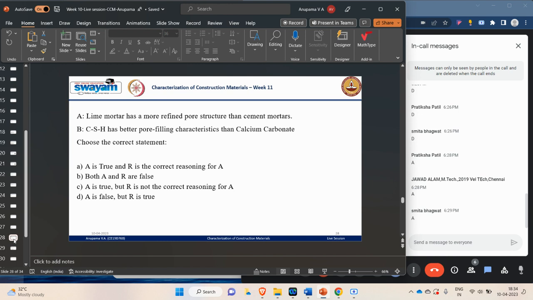So this is regarding the properties of lime mortar and cement mortar. Option A says the more refined pore structure is seen in lime mortar. Option B says CSH has a better pore filling characteristic than calcium carbonate. Anyone?